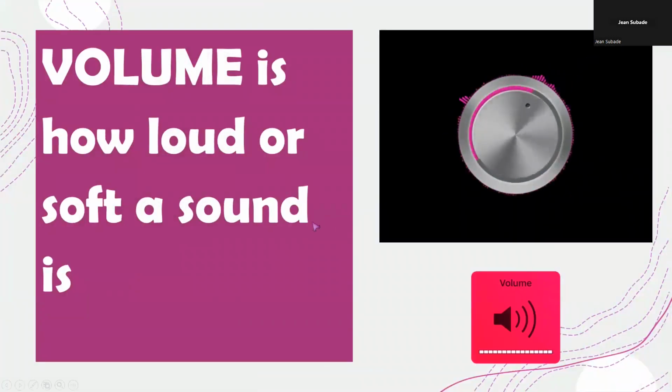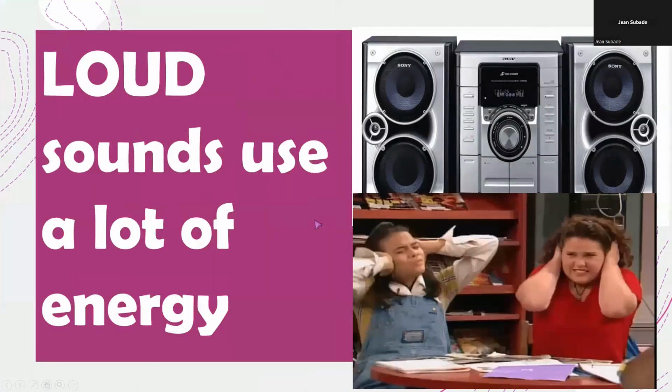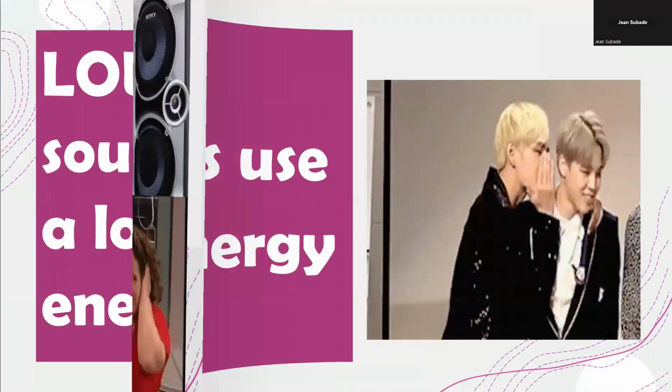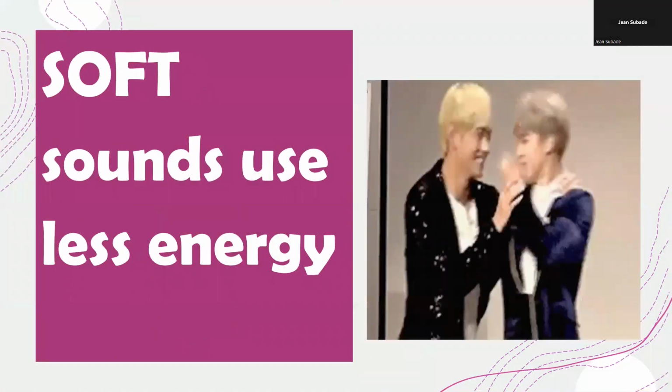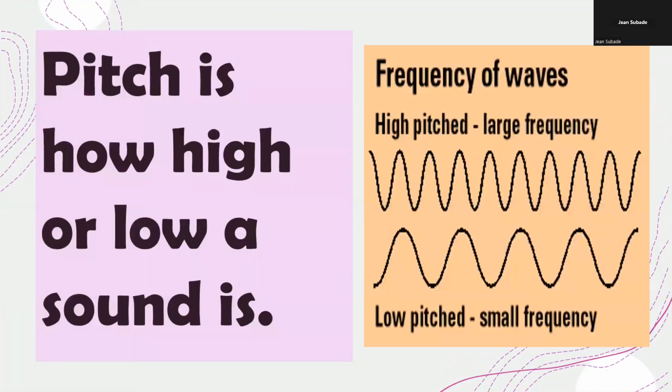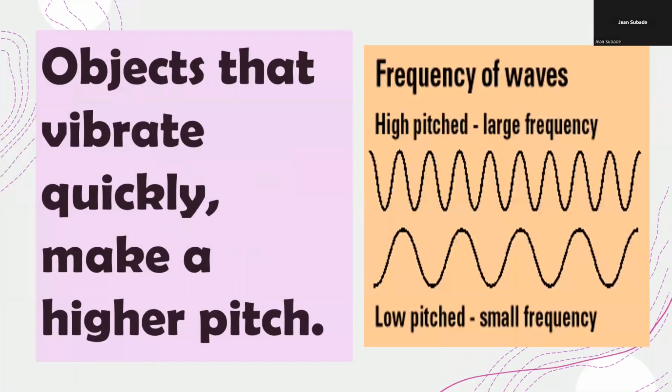Volume is how loud or soft a sound is. Loud sounds use a lot of energy, while soft sounds use less energy. Pitch is how high or low a sound is. Objects that vibrate quickly make a higher pitch.